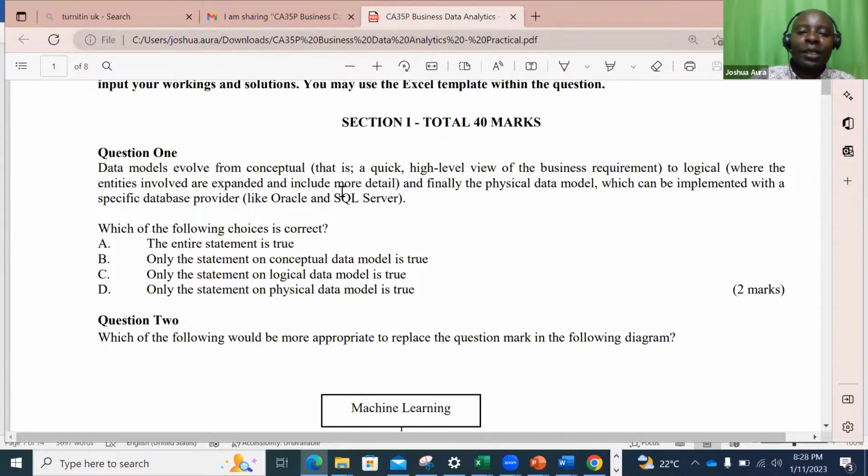Now, ladies and gentlemen, for those of you who have done some research, if you have done your PhD or your MBA and you are involved in doing a thesis, of course, you know how it goes. We normally start with a concept paper. It could be a 2,000-word document.